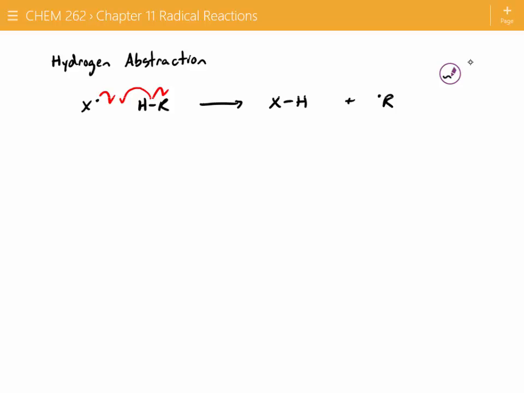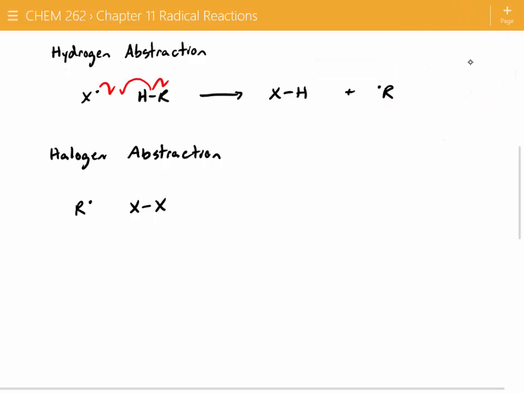The other one we see quite a bit is halogen abstraction. In this case, you start out with a radical alkane, and then you have some sort of halogen. In this case, I'm just going to call it XX. And with these reactions, it looks very similar.